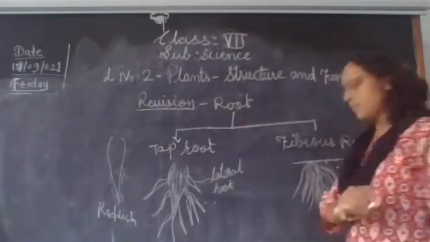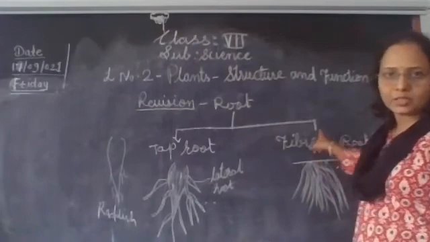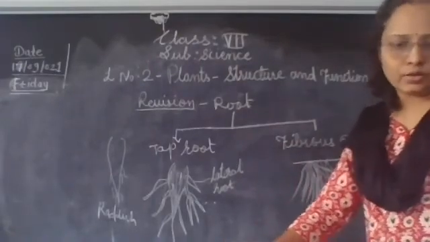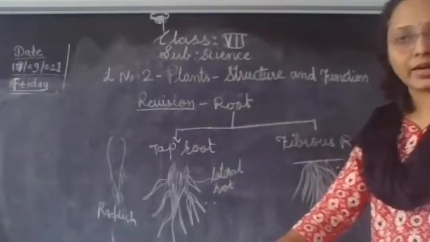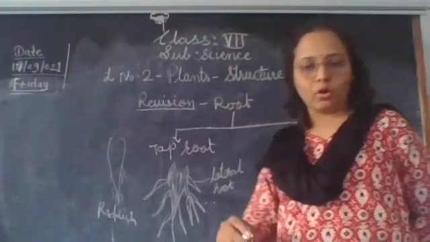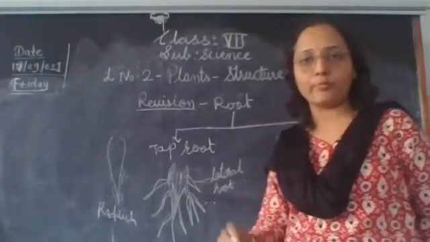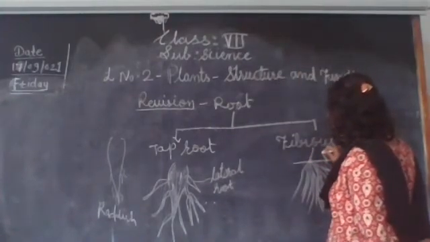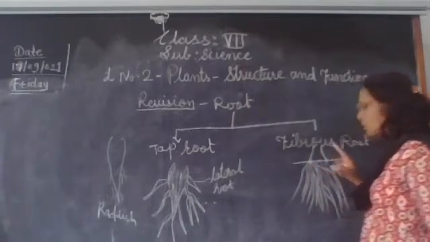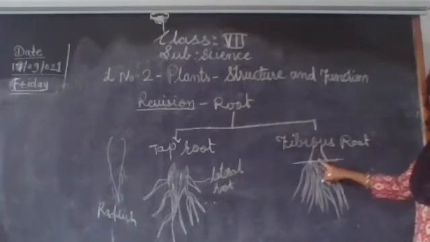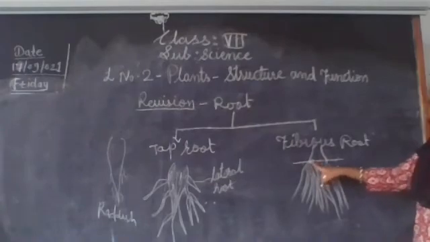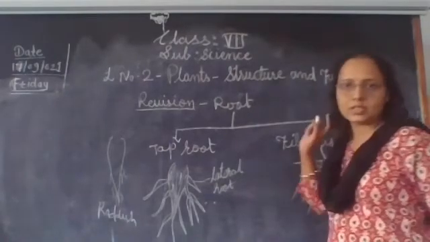Here is a fibrous root; there is no main root. Thin thread-like roots grow out from the base of the stem. Here the stem starts directly above the soil. So these branches, the root hairs, come out directly from the stem.